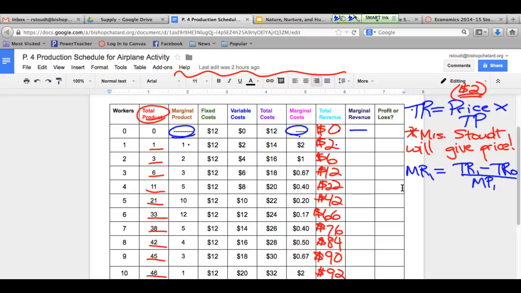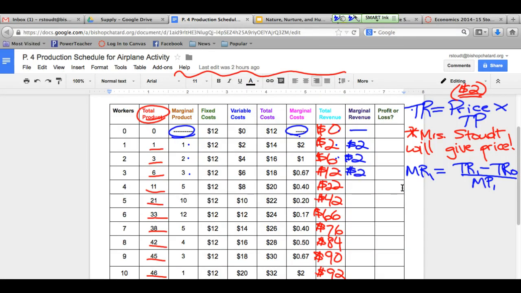So 2 divided by 1 is 2. At 2 workers, we're subtracting 6 minus 2, which is 4, divided by 2. 4 divided by 2 is 2. At 3 workers, we're subtracting 12 minus 6, which is 6, divided by 3, which is 2.